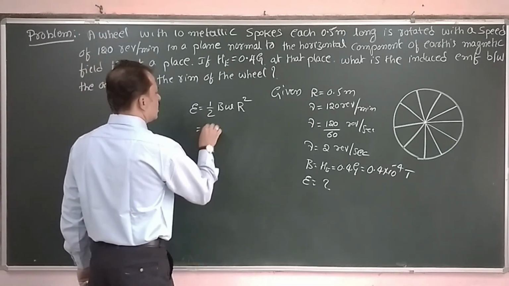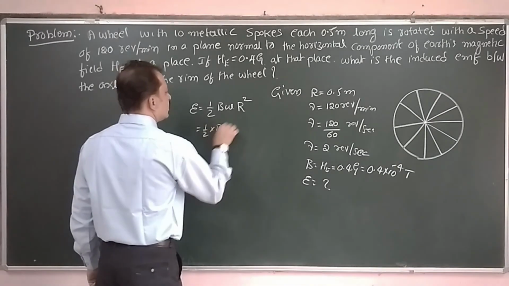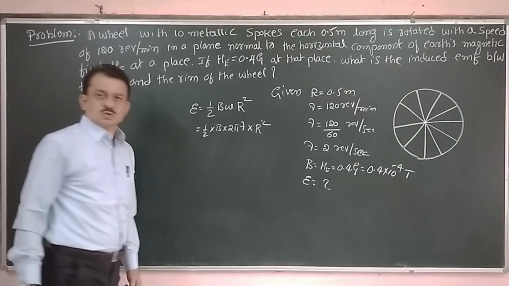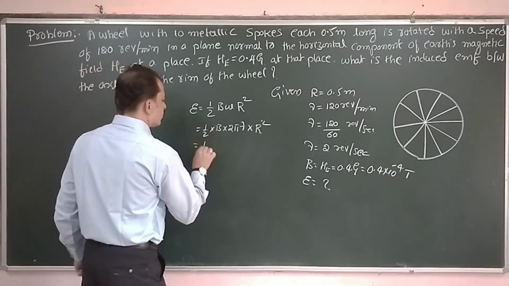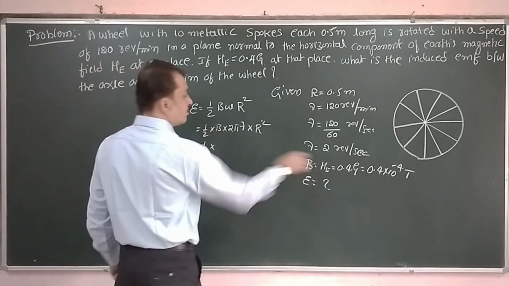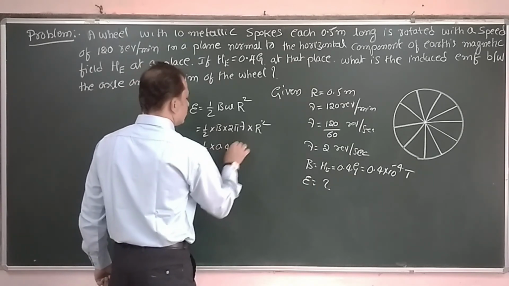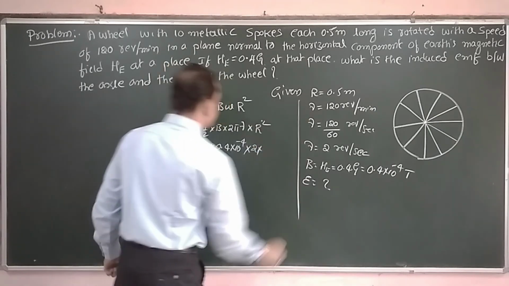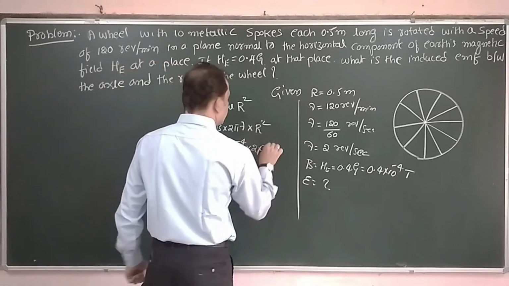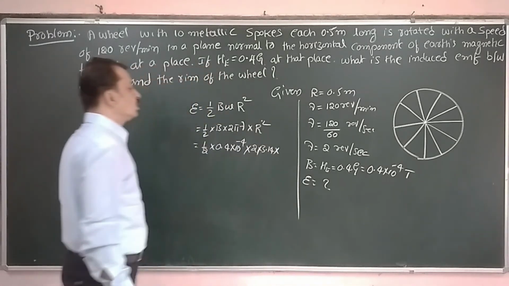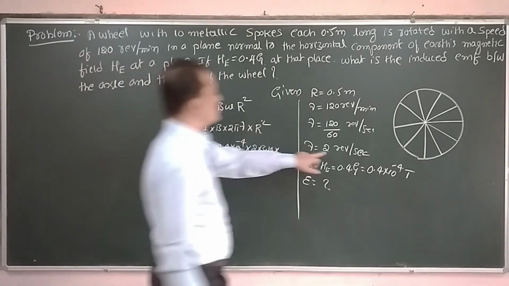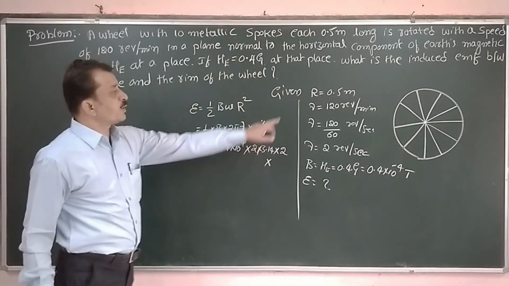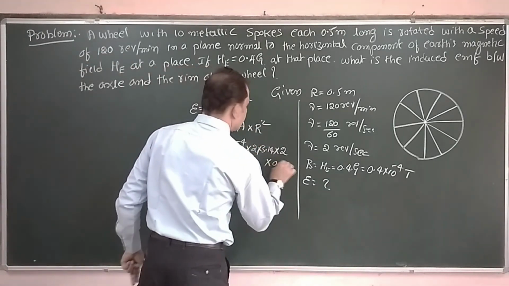That is half B 2 pi nu into R square, half into B, 0.4 into 10 to the power of minus 4 into 2 into pi, 3.14, into nu, frequency is 2, into R square, radius 0.5 whole square.